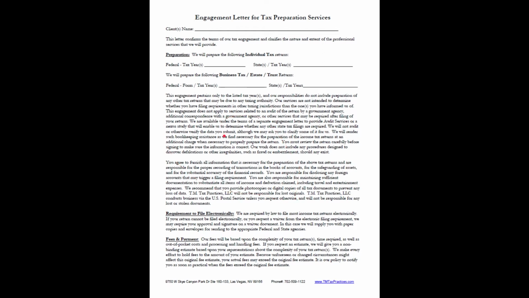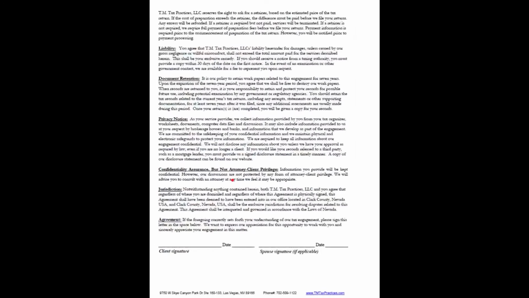It's going to go over things again like the expectations, scope of services, electronic filing requirements, how we handle fees and payments. It does go on into the next page and talk about liability, document retention, confidentiality, and then just your understanding of the agreement. So again, read through that, and we'll ask you to sign.